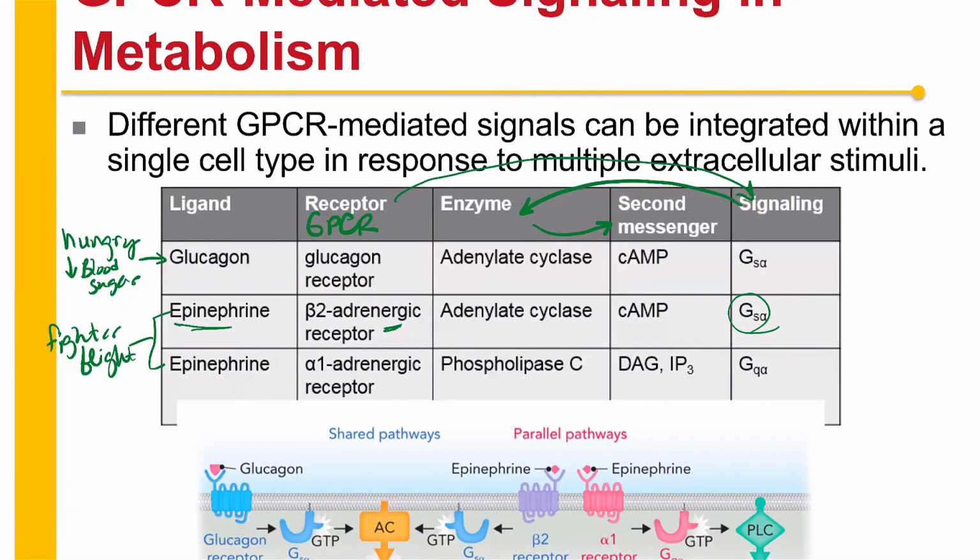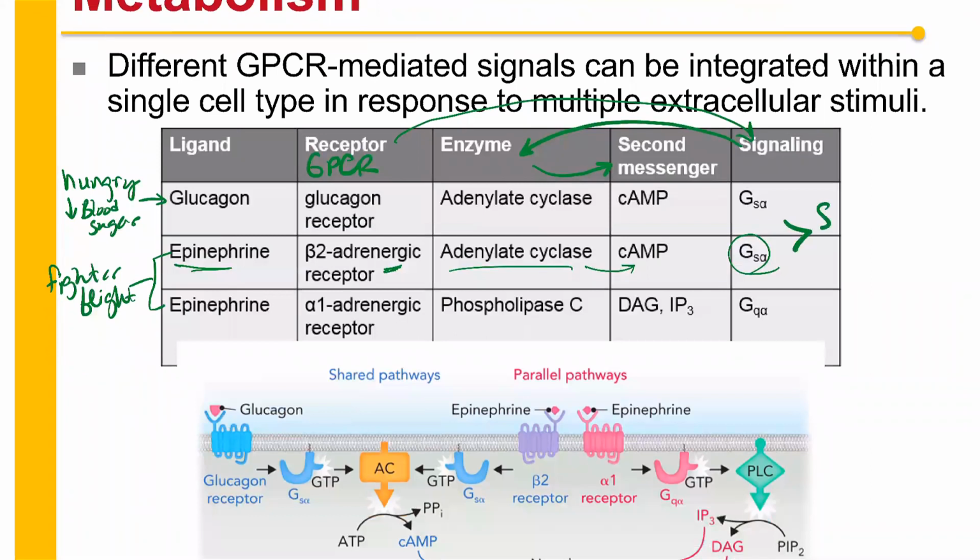And so you're still going to activate adenylate cyclase to make cyclic AMP. And so both pathways are different, but they're going to get to the same end result. And so we call these shared pathways. So these two are shared pathways, right?